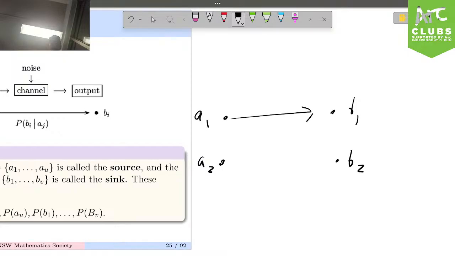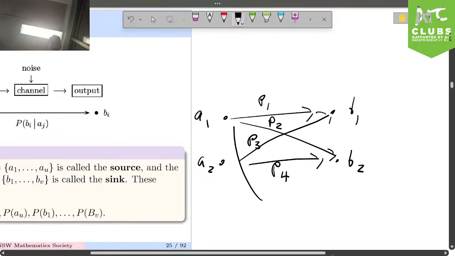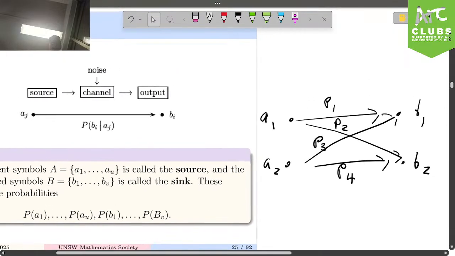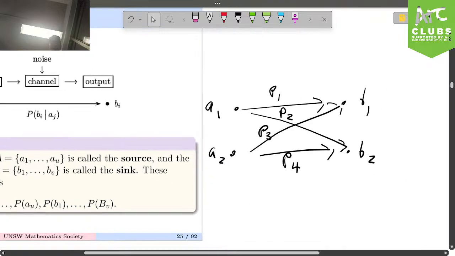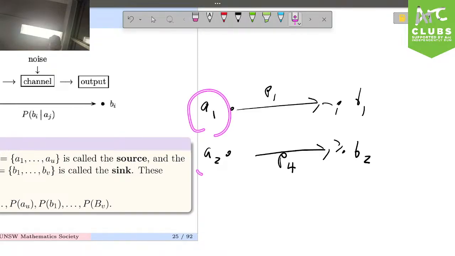And there are particular probabilities that we can receive each of these. As I said, this is B1 probability, this is P2. You'll see the precise notation of what we should use, but you have these probabilities of transitions of getting particular outputs depending on an input. The reason we have to look at this is because in theory, if you plug in A1 as your source symbol or say A2, you would want the respective corresponding code words, say B1 is the corresponding code word to A1.